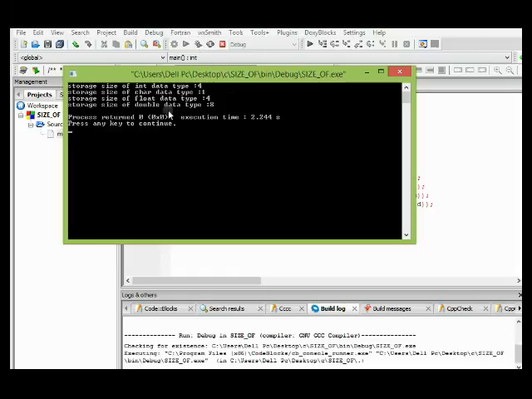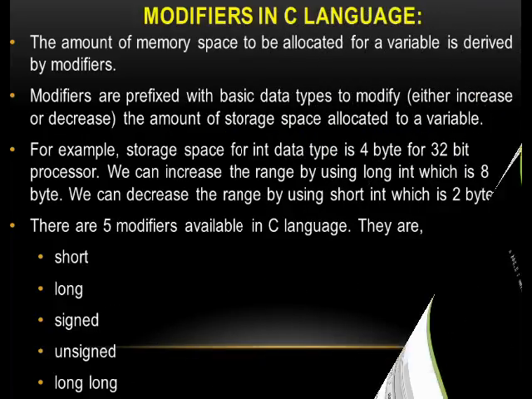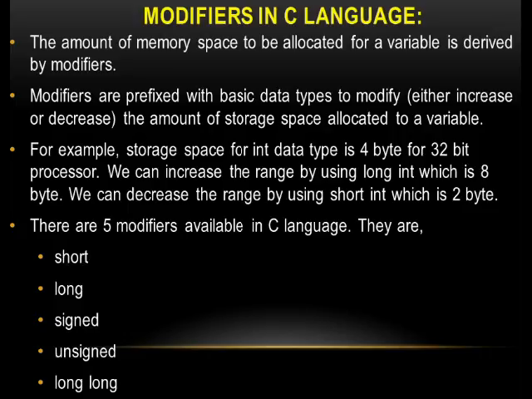See here, my size of the int data type is 4, the character data type is 1, the float data type size is 4, and the double data type is 8. So it might vary for different CPU processors, as I told earlier. Next we are going to read about modifiers in C. The amount of memory space to be allocated for a variable is derived by the modifiers.